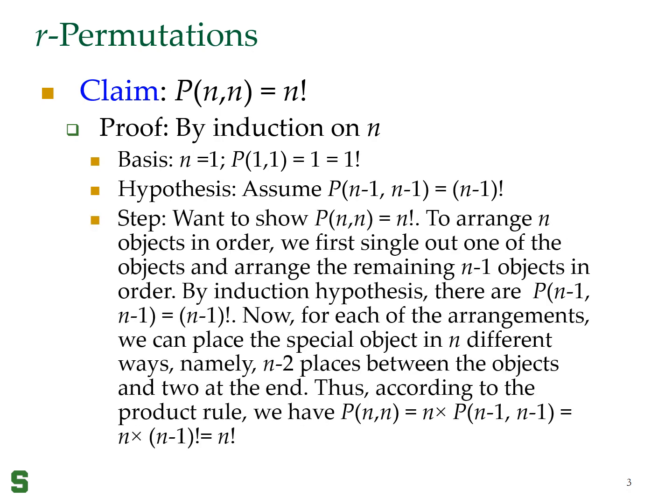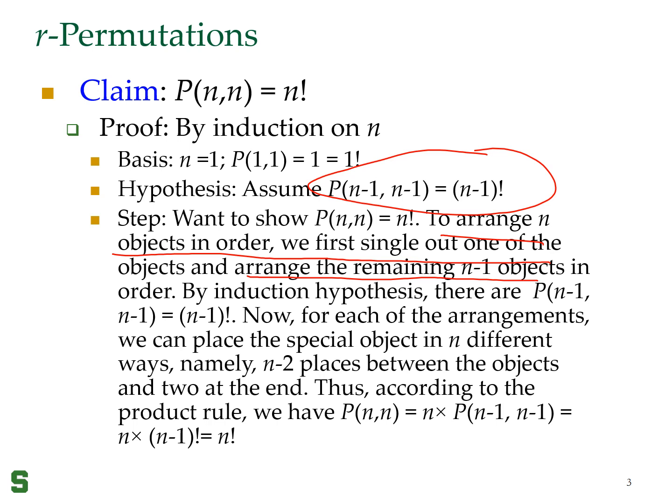So now we have to look at what happens if we add one more object. So we have n objects. We are going to use this observation over here to compute P of n comma n. To arrange n objects in order, we first single out one of the objects, then we arrange all the remaining n minus 1 objects, and then we put the nth object somewhere in that order.